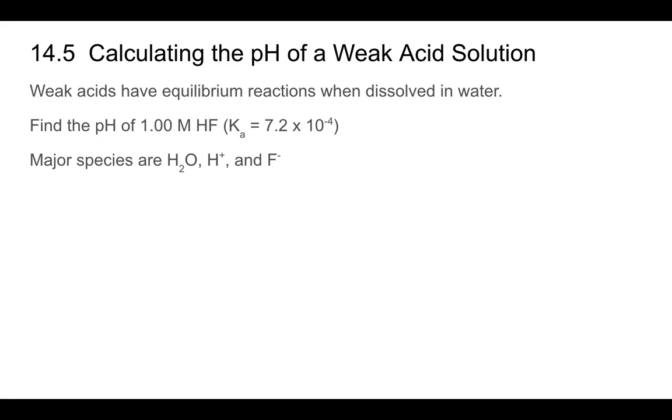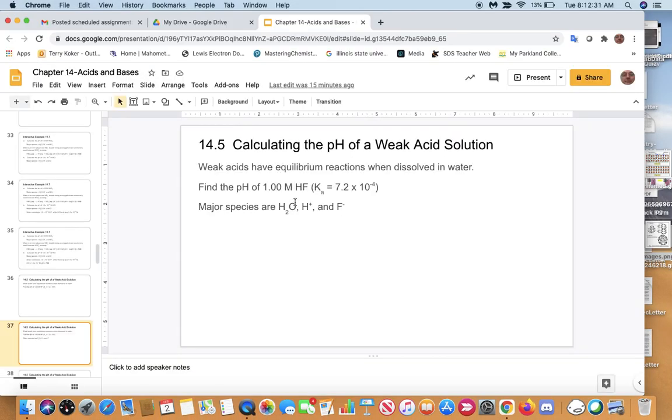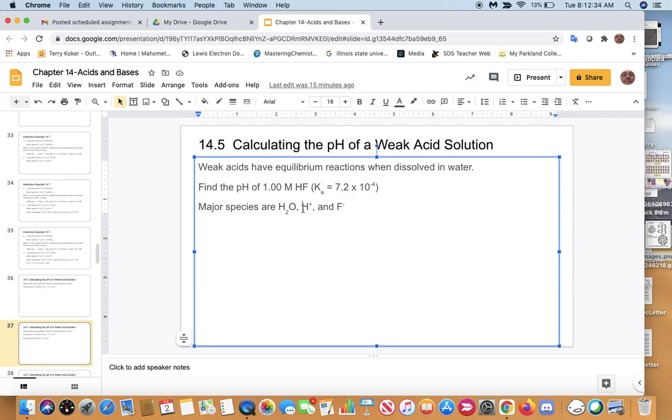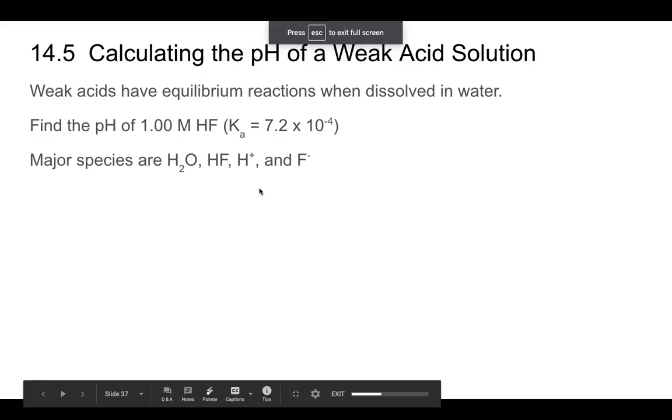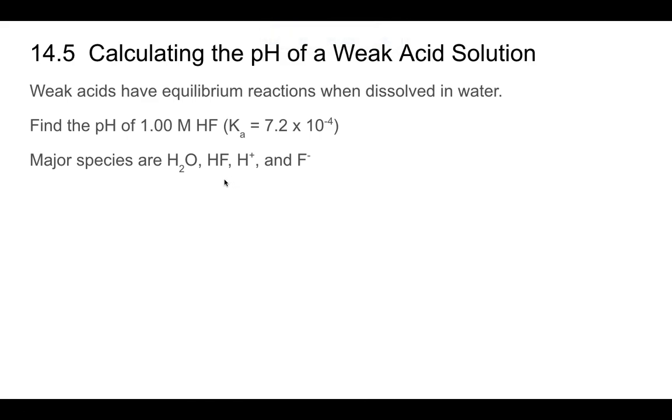I probably should have included HF as a major species. It may not be a contributor, but it's a major species in the water: you have some water molecules, you have some HF molecules that are not ionized, and you have some H pluses and F minuses, which are the HF molecules that are ionized. So it's important here that we recognize that we have both the unionized acid and the ionized ions from the acid.